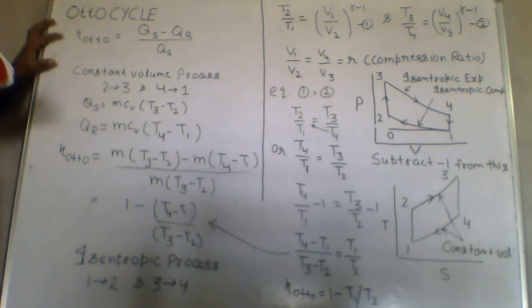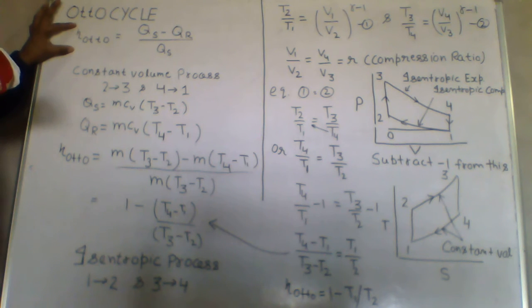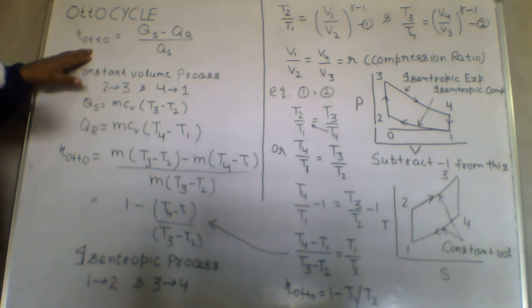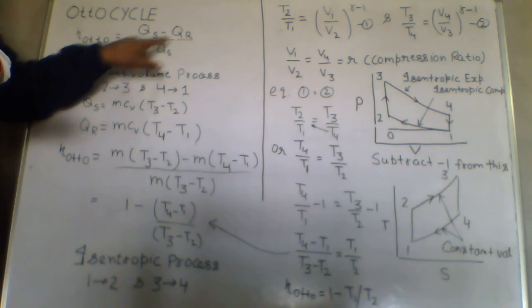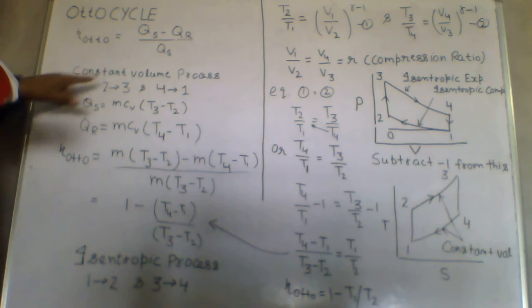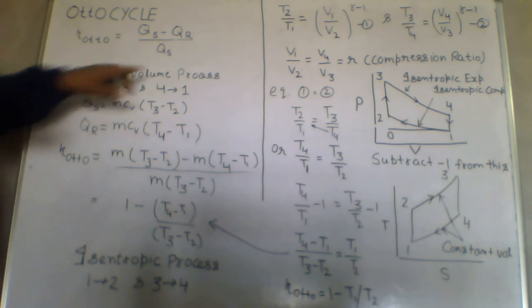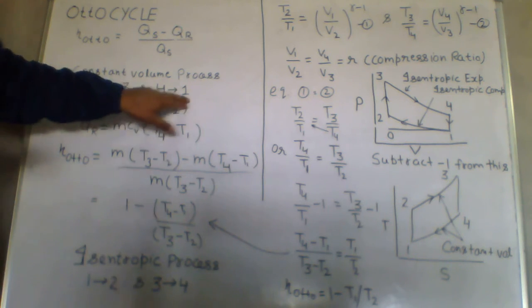So we have to calculate the thermal efficiency of the Otto cycle as we had calculated for the Carnot cycle. So what is thermal efficiency? Heat supplied minus heat rejected divided by heat supplied. There are two constant volume processes, that is 2 to 3 and 4 to 1.